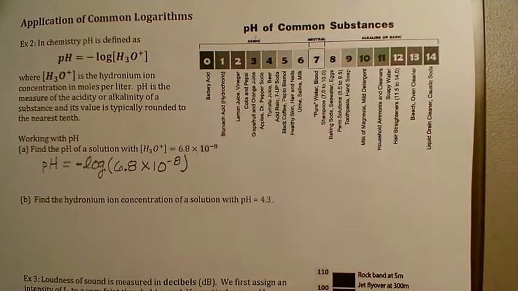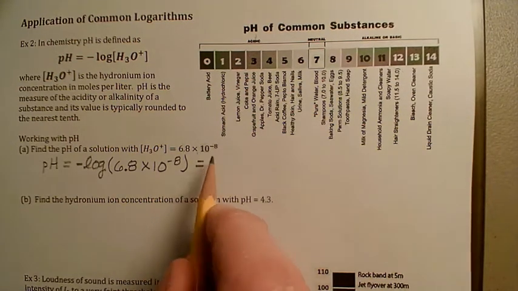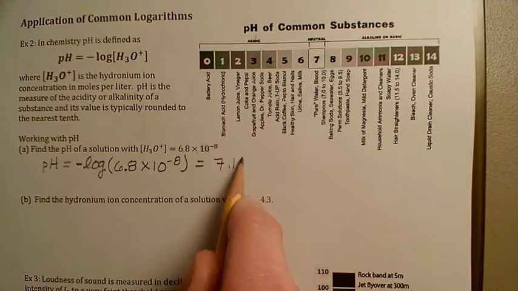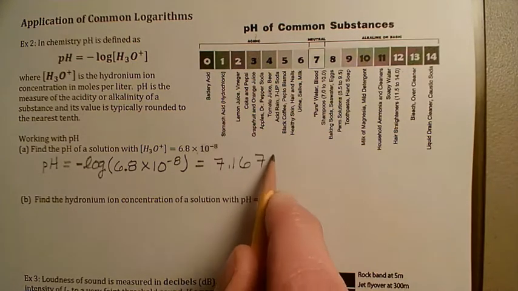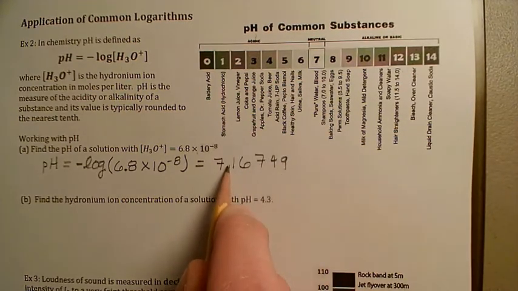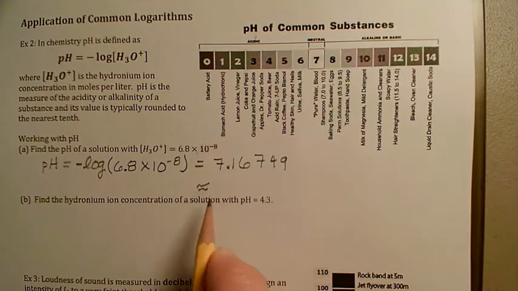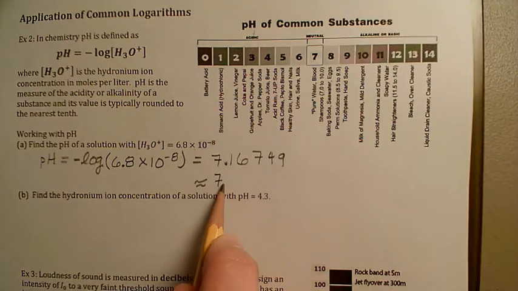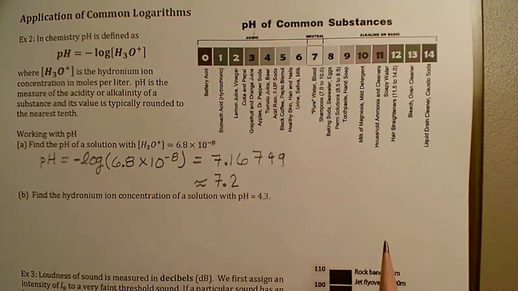Really that's just calculator work. You plug that right in, and you'll get something like 7.16749. Of course, we'll round, so we're going to do an approximately equal to, and we round to the nearest tenth, so a pH of 7.2.